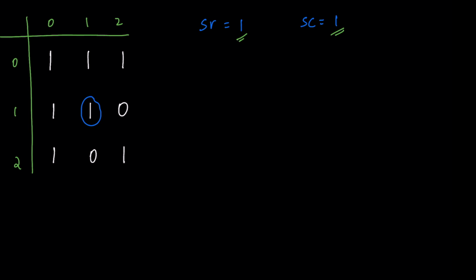When I refer to the color, I'm simply referring to the value of the pixel, the number that's in the pixel position. Starting color is 1. We've also been given a color attribute in the problem, so color is 2. Now, there are mainly 3 steps to how we can solve this problem.